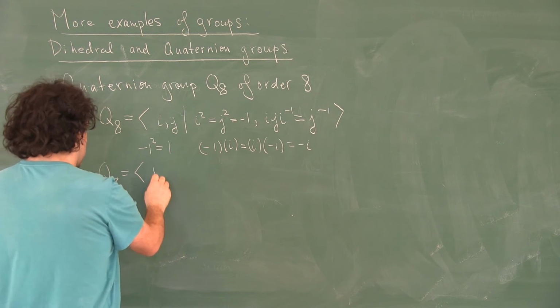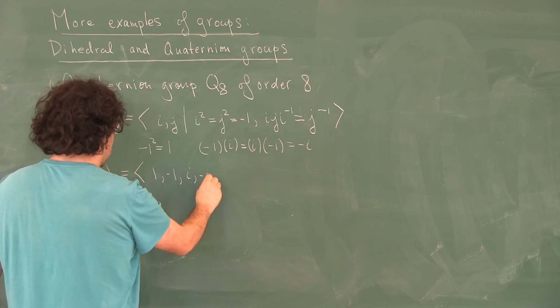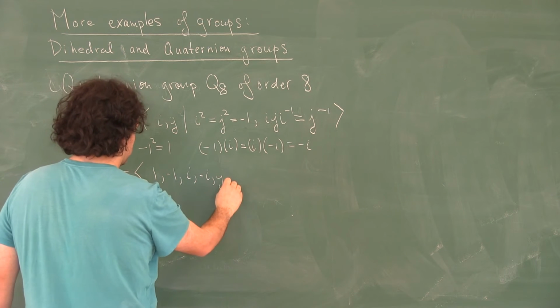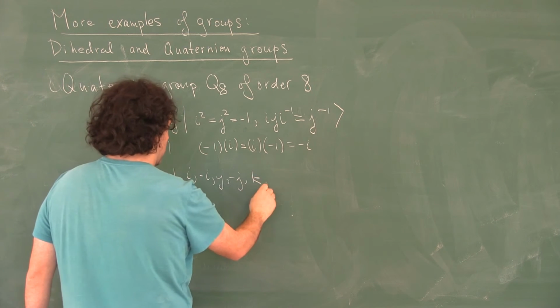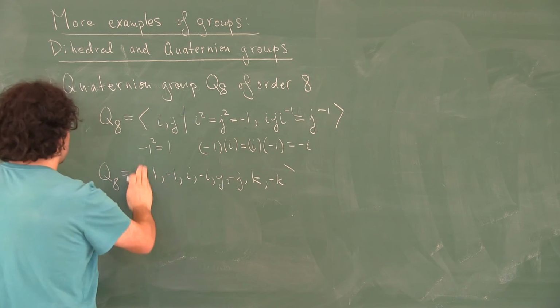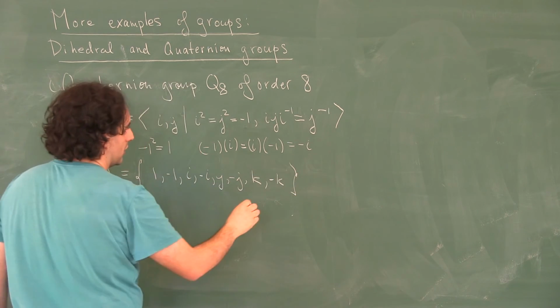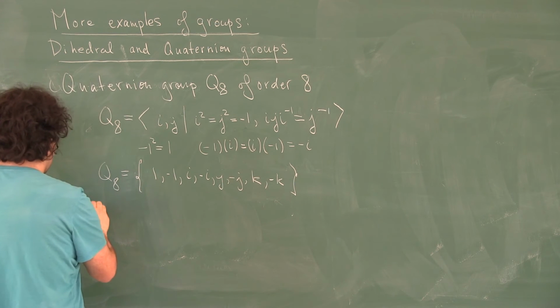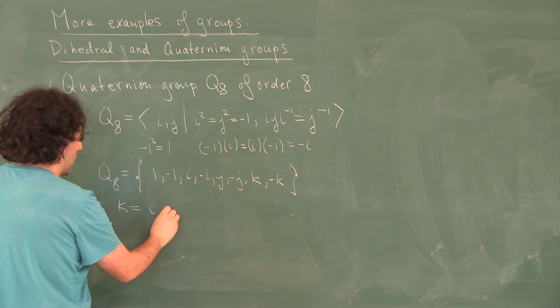They are simply 1, -1, i, -i, j, -j, k, and -k, where this is the set of these elements, and k is a shorthand for the element i times j.